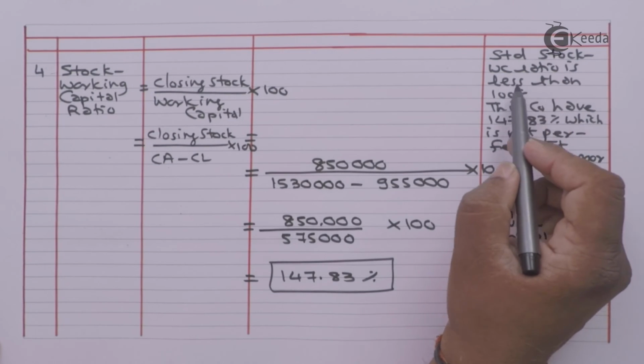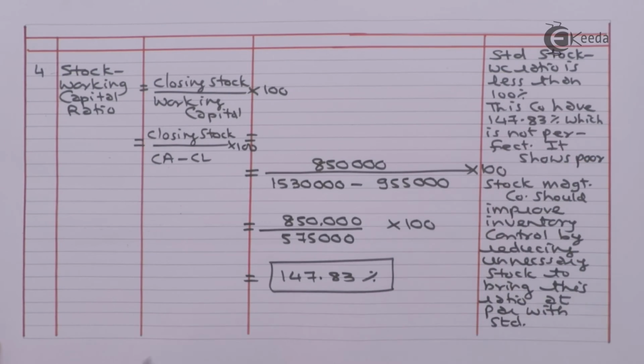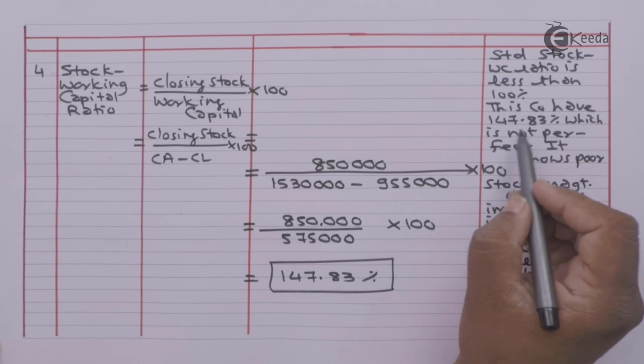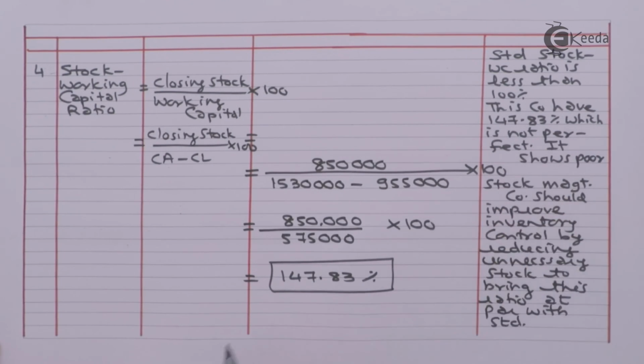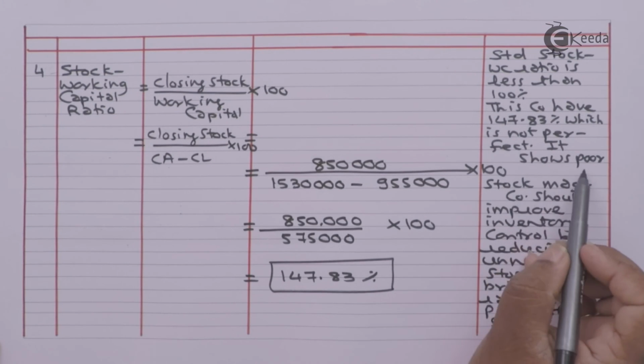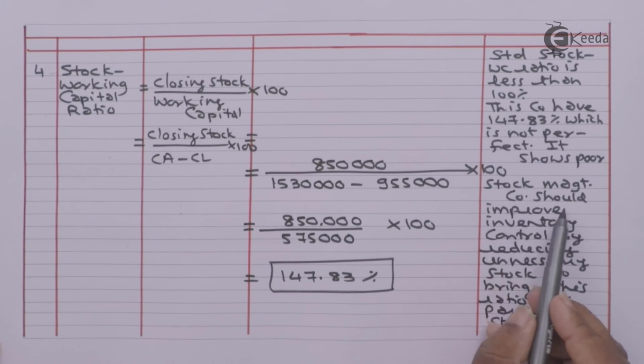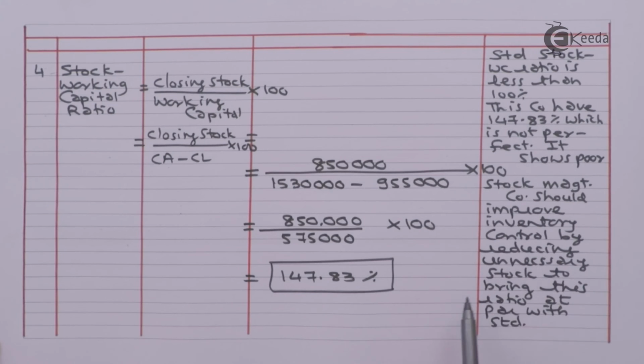It shows poor stock management. Company should improve inventory control by reducing unnecessary stock to bring this ratio at par with standard.